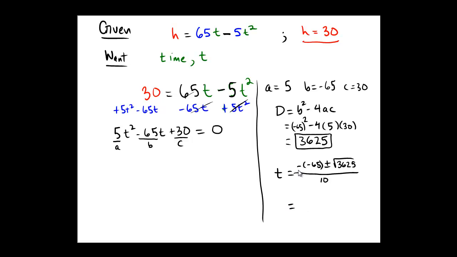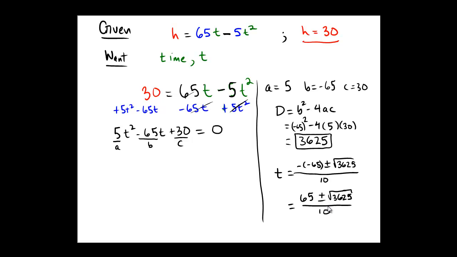So in other words, you'd end up getting the opposite of negative 65, so 65 plus or minus the radical of 3,625 all over 10. And those are the two solutions.